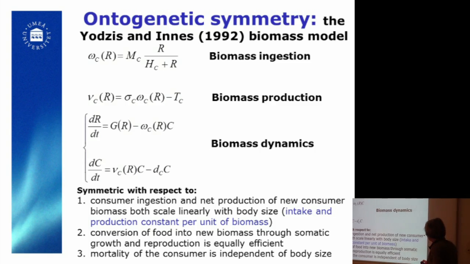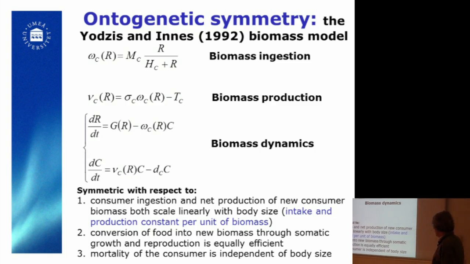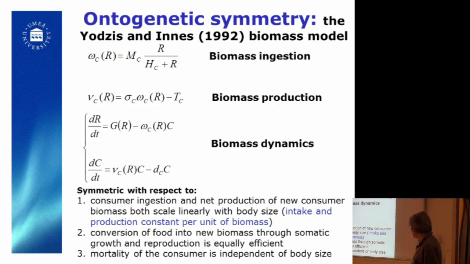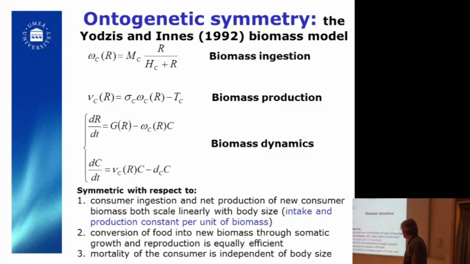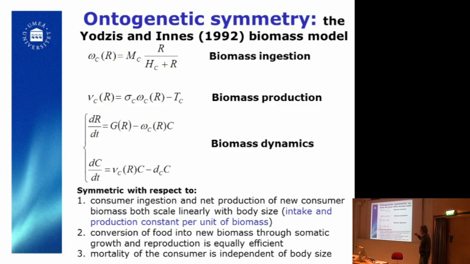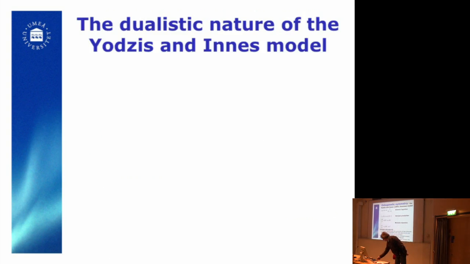We also assume that the conversion of food into new biomass through somatic growth and into reproduction is equally efficient. And finally, we assume that the mortality rate of a consumer is independent of body size. This is what can be defined in this modeling terminology as ontogenetic symmetry.